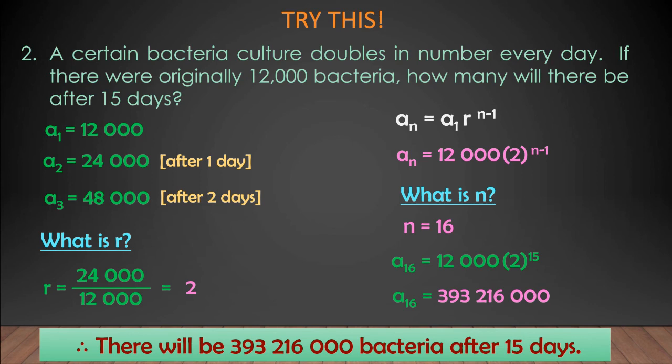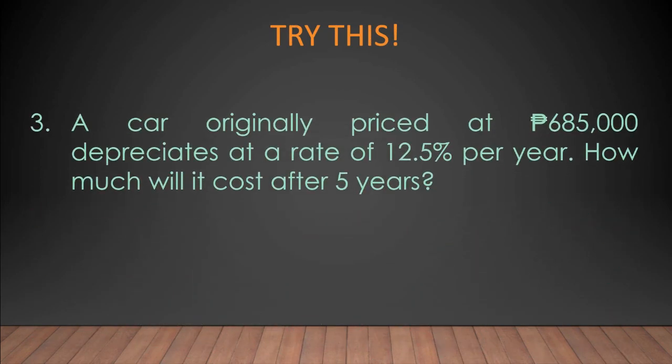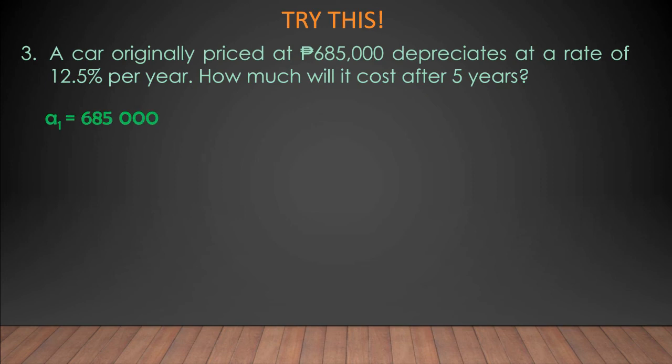Let's have another example. A car originally priced at 685,000 depreciates at a rate of 12.5% per year. How much will it cost after 5 years? So here we're given A sub 1 to be 685,000. That's the original price of the car.